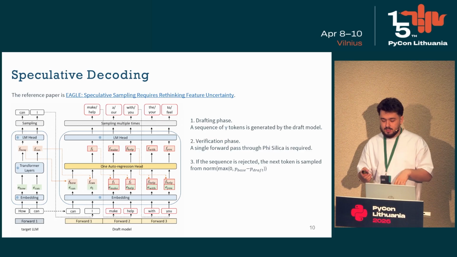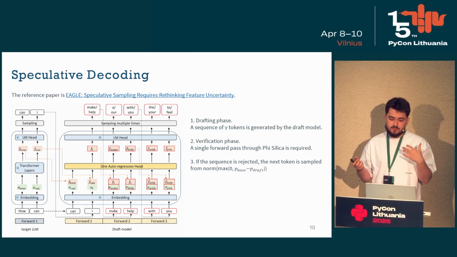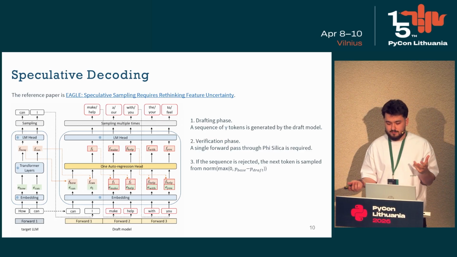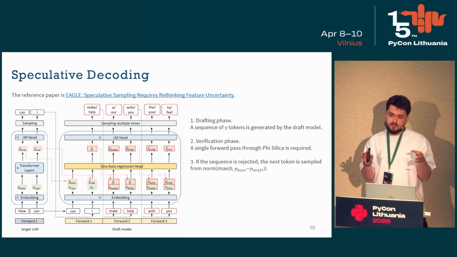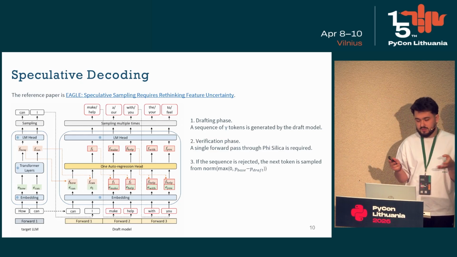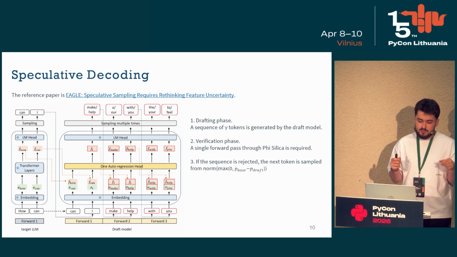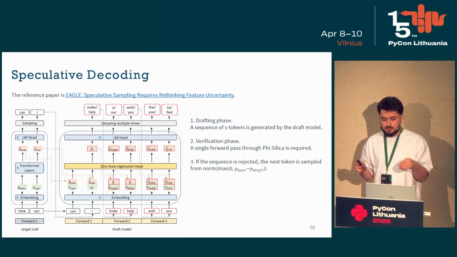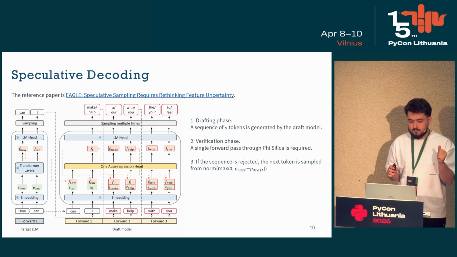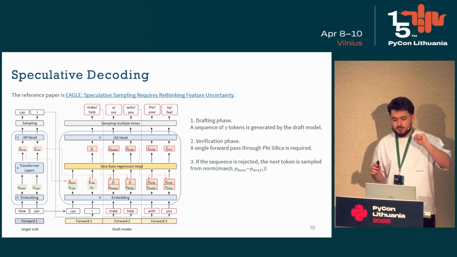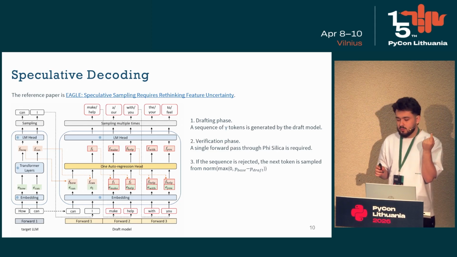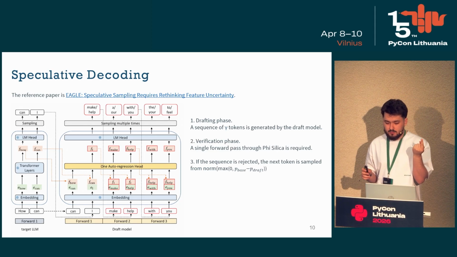We train it. And after it is trained to speculate the behavior of Phi Silica, we attach them together, compile them into an ONNX runtime, and run them all together. During generation, we take several next tokens generated by the draft model and only one generated by the target model, Phi Silica.